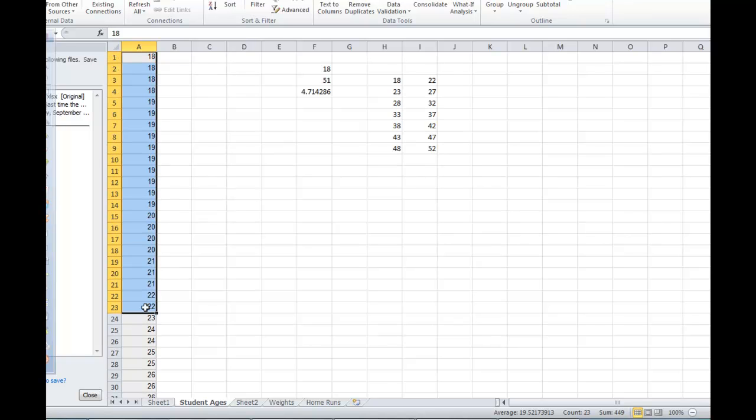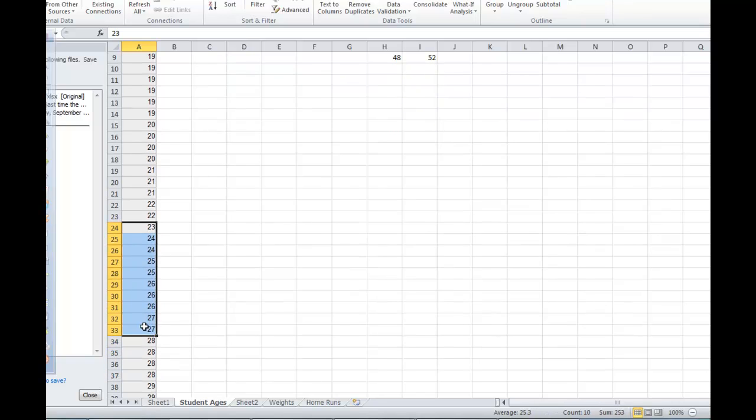All right, then for the second class, we got 23 to 27. If I highlight that, that's going to be 10 values.